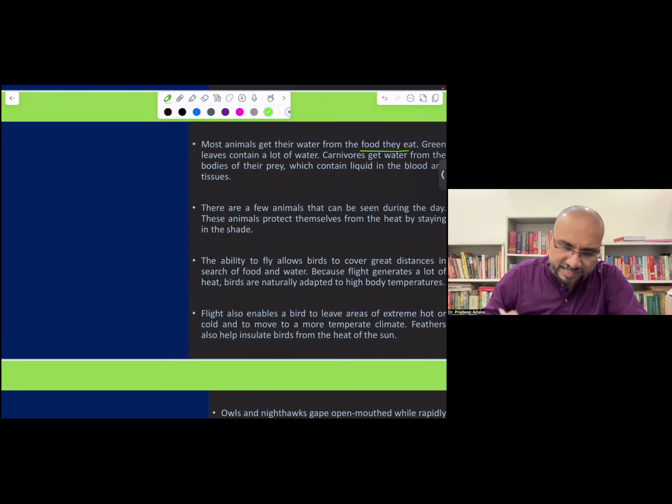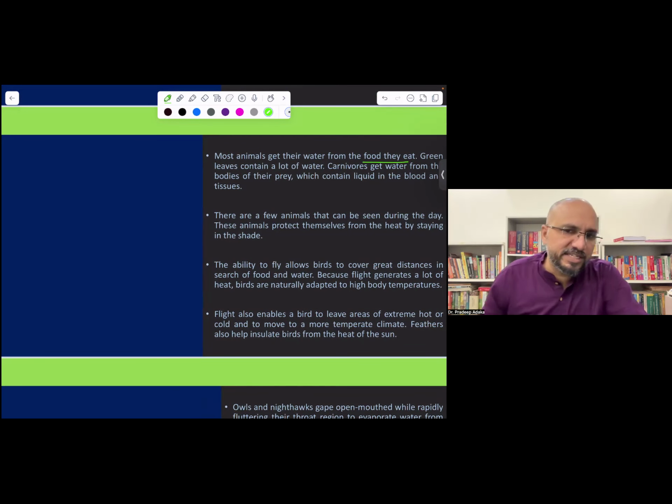So most of them, they rest, they remain in the shade or they burrow into the soil and remain there because it is cooler. They come out during the periods of the day when there is no direct sunlight. Not in the midday, but they will come out during the early hours when the sun is not direct.